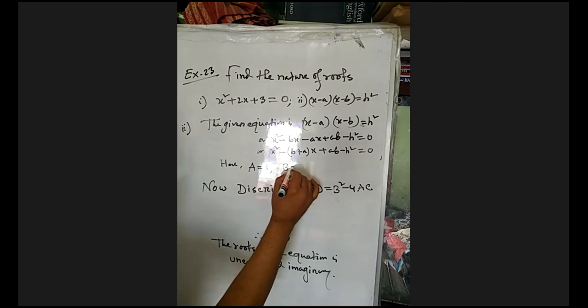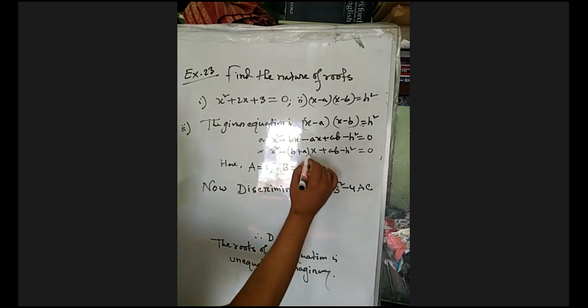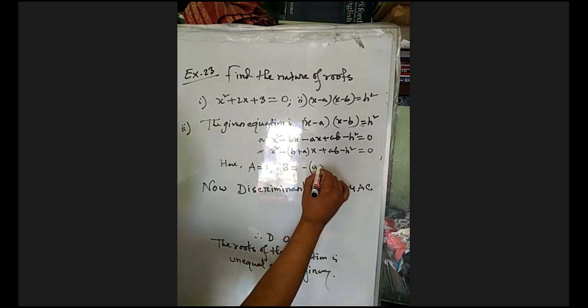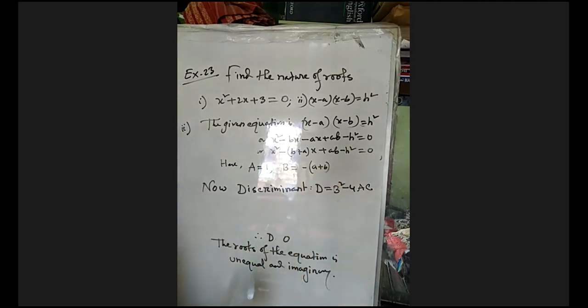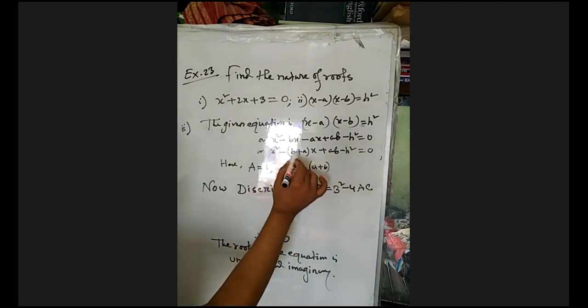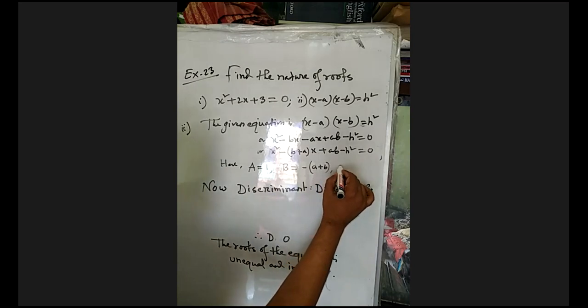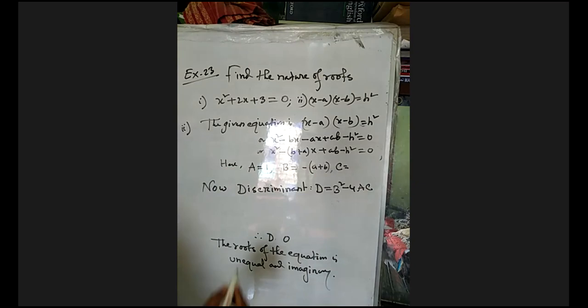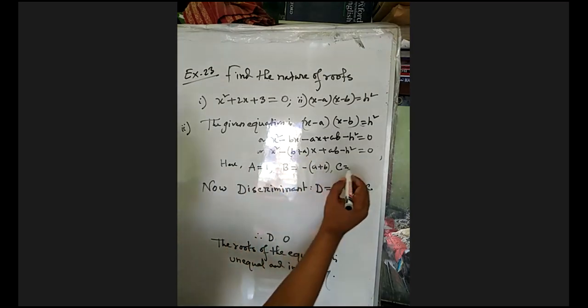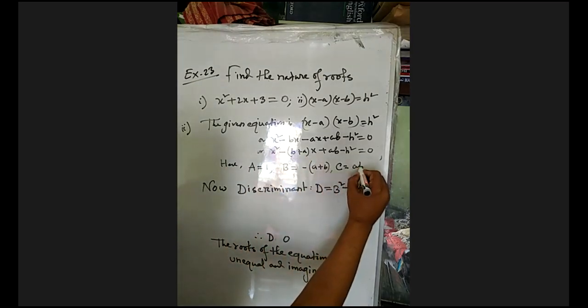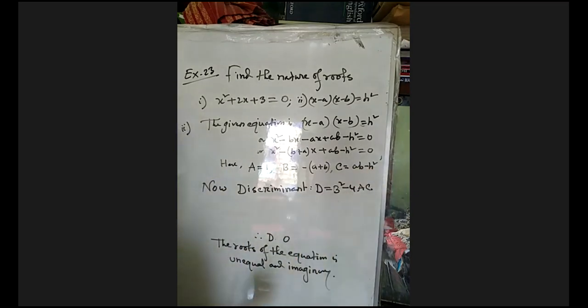And capital B equals to the coefficient of x, what? Minus bracket a plus b. Okay, minus bracket a plus b. Now capital C will be the constant term. We are using capital C because small letters a, b are used in the original equation. So C equals to what? ab minus a square. Okay.